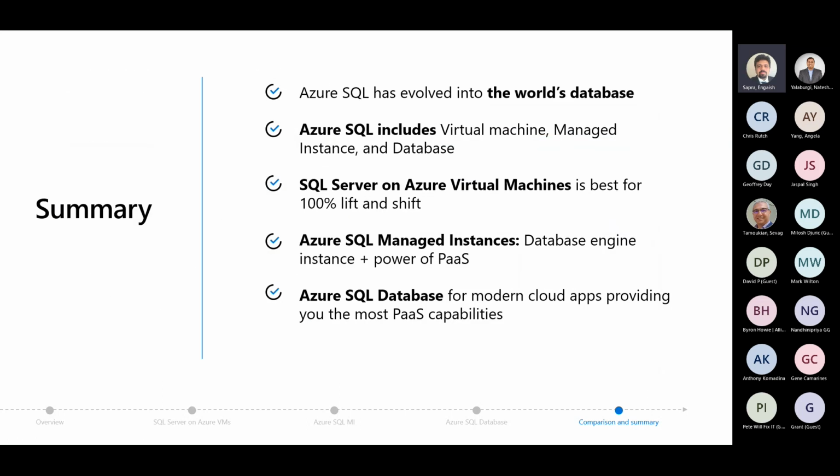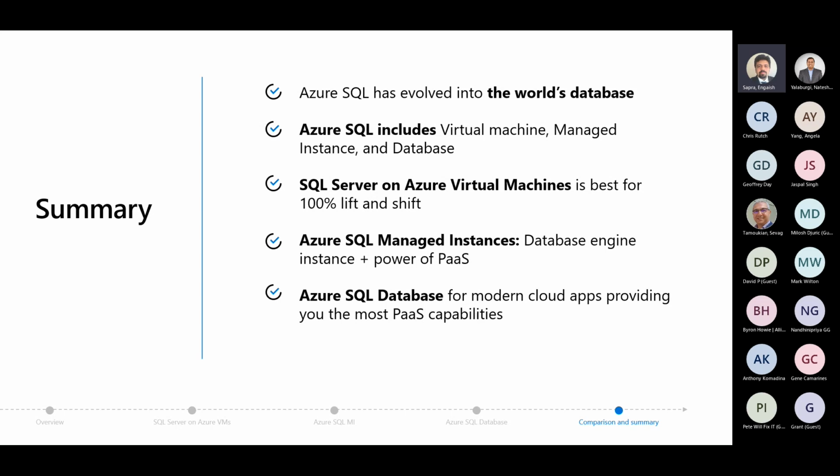Okay, so that brings us to our summary. Like we said, Azure SQL has evolved into the world's database. It includes IaaS and PaaS services. So, virtual machine with SQL Server on it, or the PaaS side of things with Azure SQL MI or Azure SQL Database.